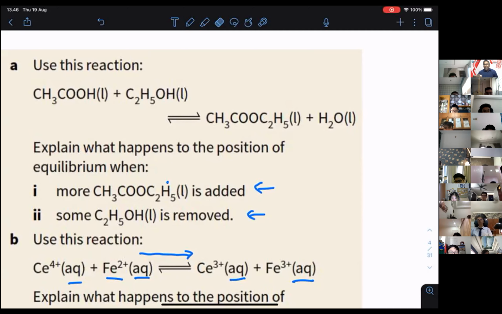Later we will learn about Kc. You need to include them because they are part of the reactant and product. So if, let's say, I'm adding water, I am increasing the concentration of water. So the position will shift to the left to remove that water, to reduce the concentration of water.